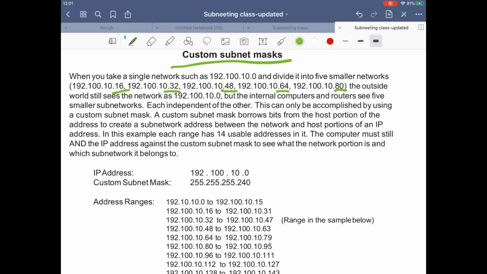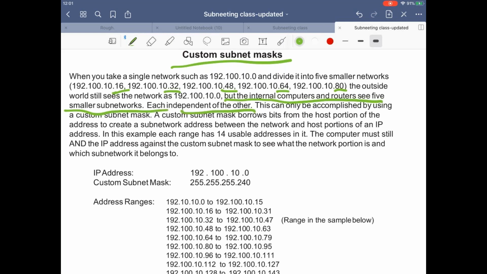But the internal computers and routers see 5 smaller subnetworks, each independent of the other. This can only be accomplished by using a custom subnet mask.